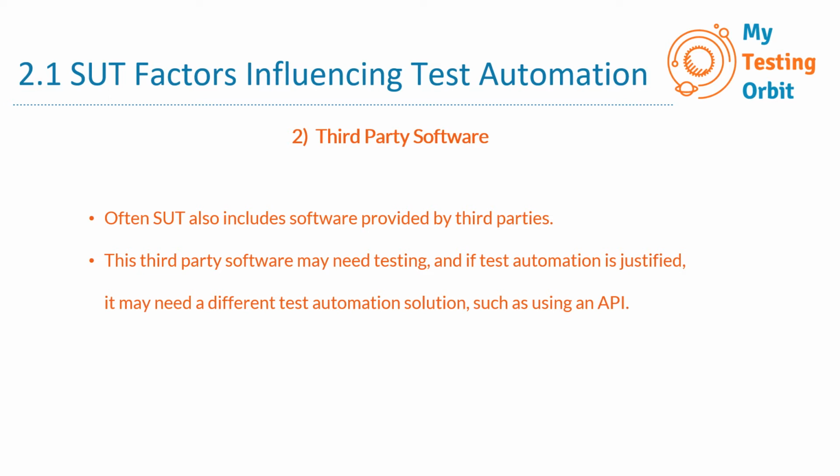It's not always that we are building all the products or projects in-house. Sometimes it can be built by a third-party company, or maybe we are just using third-party software. Because it's third-party software, if we need to automate testing, the automation solution which we are using might not work for that.